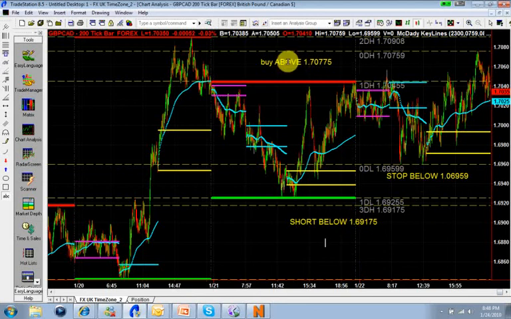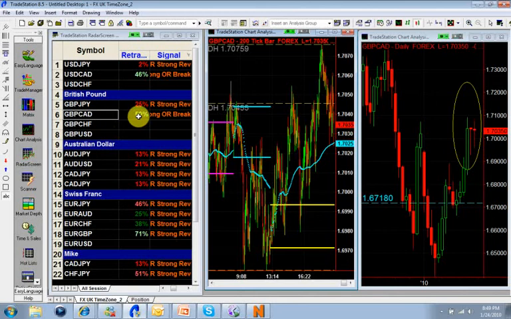So we're going to buy above the 107.7 and we're going to put our stop below the 169, and only if it trades below the 169.17 are we going to take it short. If I take it short, in this case I can use a smaller stop. I can use 169.59 as my stop. Why? Because in a downtrend it's weak, I can put a tighter stop, and in the move up I have to use a bigger stop.